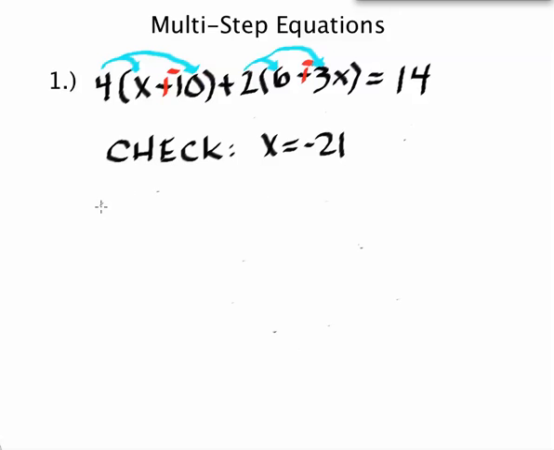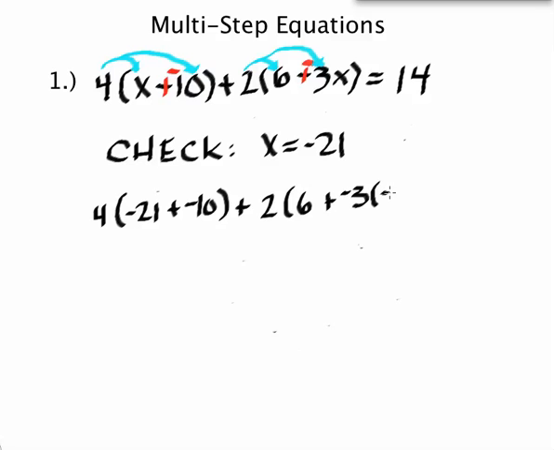So 4 times negative 21 plus negative 10 plus 2 times 6 plus negative 3 times negative 21 equals 14. Now I need to do inside my parentheses first.